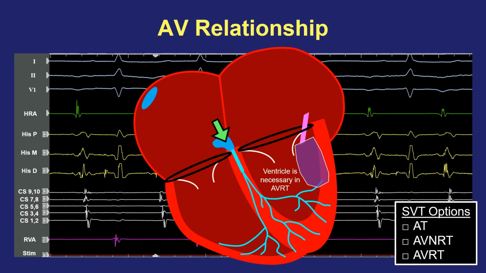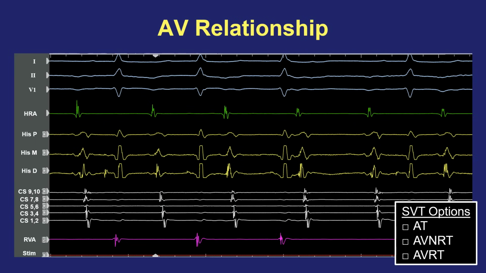In order for AVRT to occur, you have to exit the nearest Purkinje fiber, traverse ventricular myocardium to get to the ventricular insertion of the accessory pathway, to then complete the circuit and come back around to the AV node. That means that in AVRT, you must have a QRS, you must have ventricular activation with every single beat. And in this case, where we're missing a QRS, it is therefore impossible for this tachycardia to represent AVRT, and we can cross it off the list.